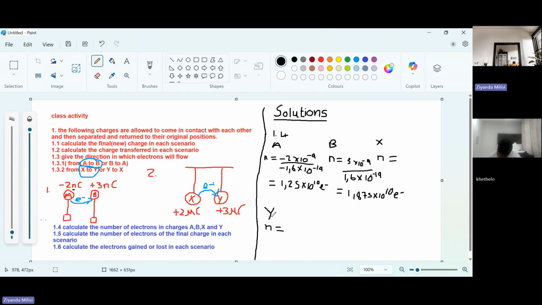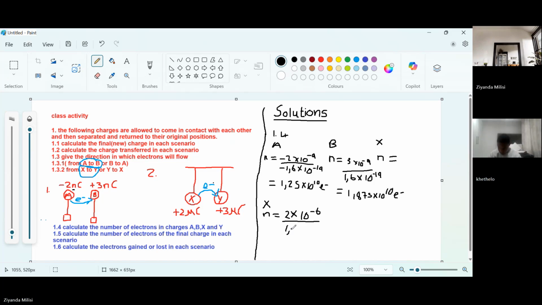Then let's do X now. N is equal to 2 times 10 to the power -6. The answer for X is not going to be the same as this one, because it's times 10 to the power -6. Almost made a mistake. What is the answer?